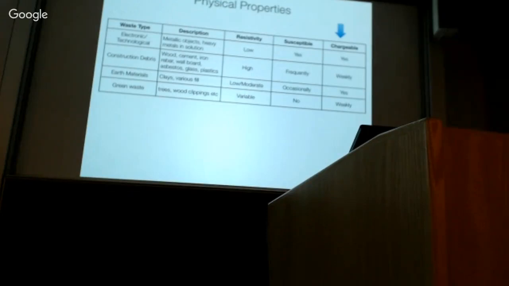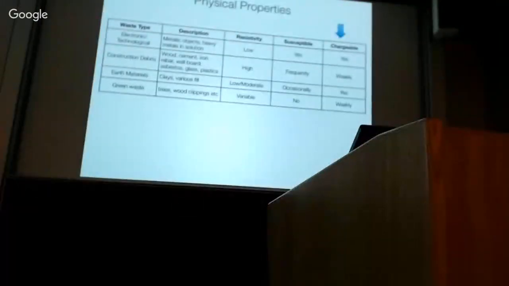When we talk about physical properties for wastes, you've got all kinds: electronic waste, construction debris, earth materials, maybe just green waste. If you look at the resistivities, they can vary between these different things, from low to high to moderate to variable.